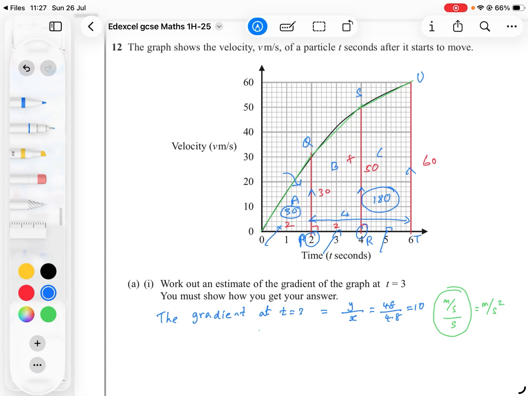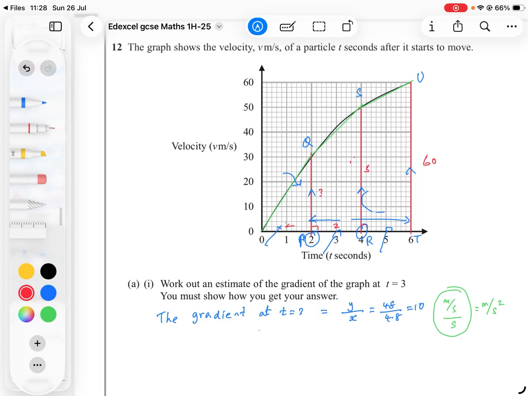I will clear this so you can see the strips PQ, RS and TU. There are 3 strips.